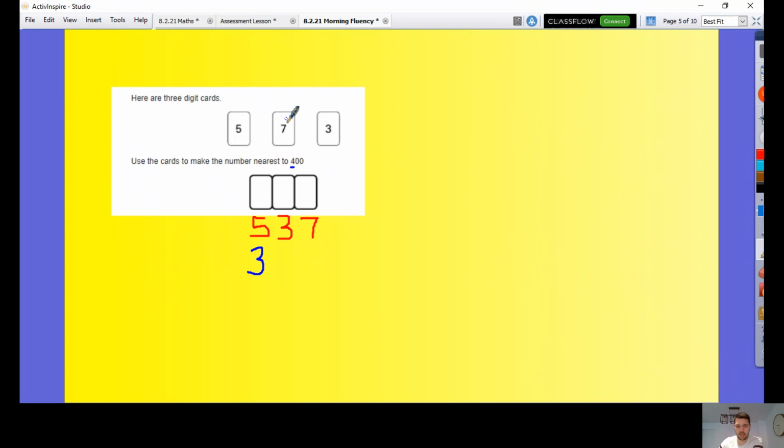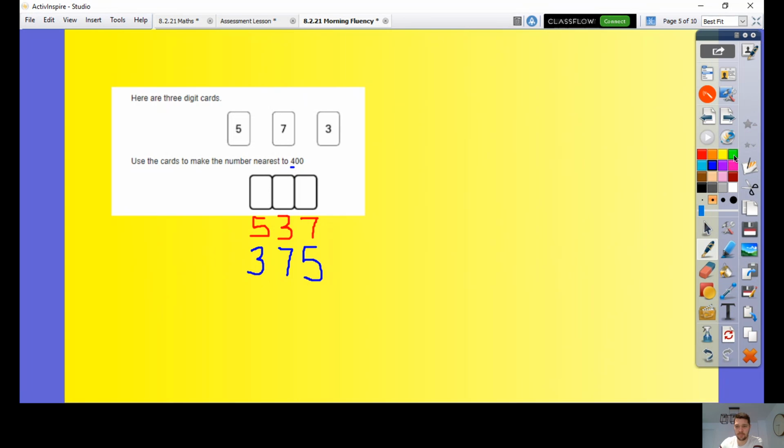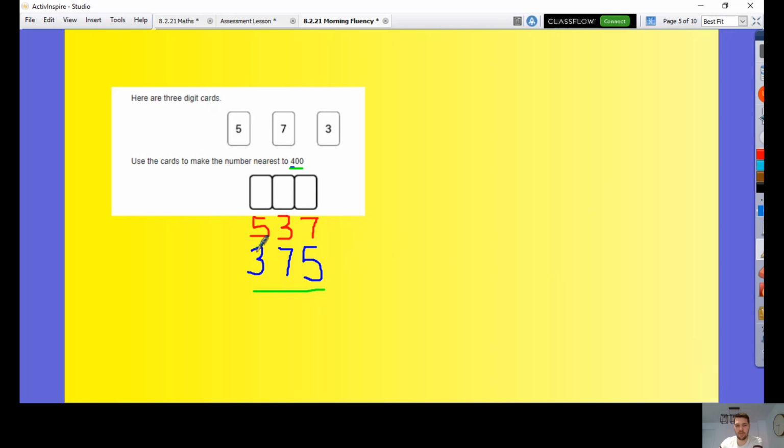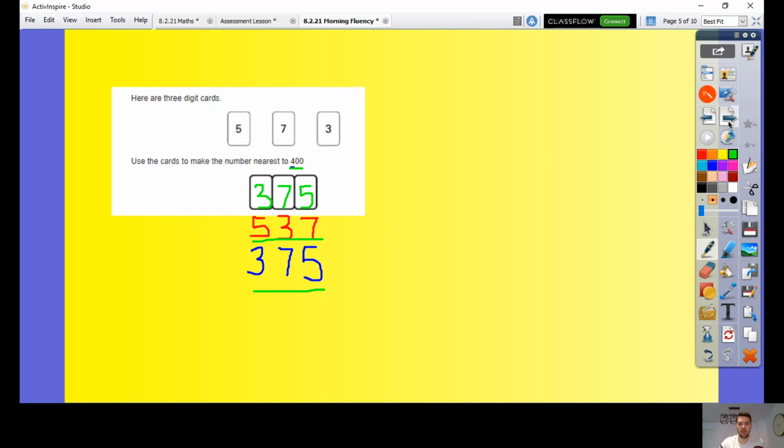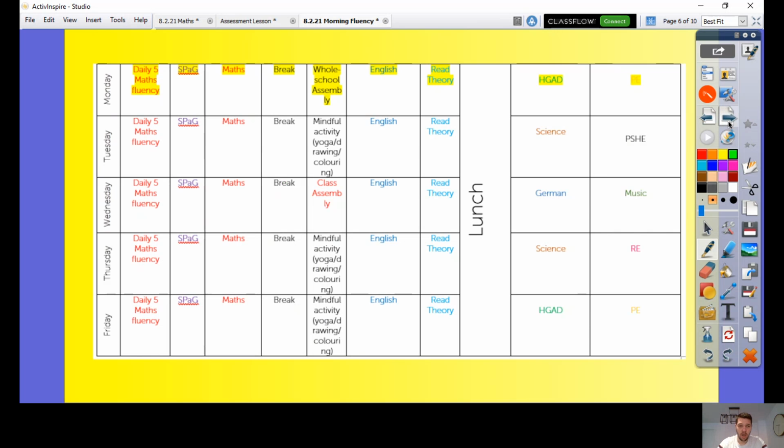So I need to put the highest digit possible, 7, and then my remaining 5, 375. That's only 25 away from 400, but this is 137 away. So 375 is nearest to 400. Well done if you managed to get that correct.